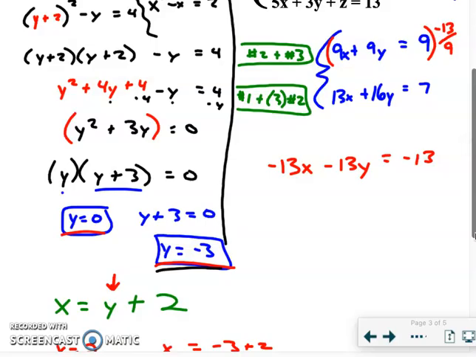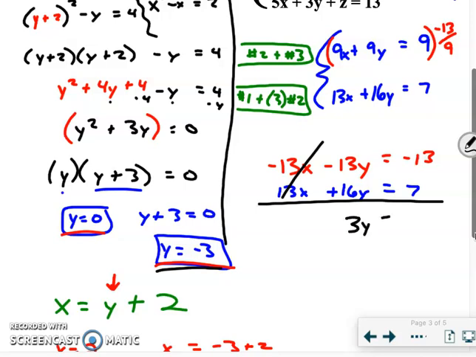If the bottom row stays the exact same, again, 13x plus 16y is equal to 7. Our elimination is set up where the x's cancel. Negative 13y plus 16y is positive 3y. Negative 13 plus 7 is going to be negative 6. Now I know that y is equivalent to negative 2.